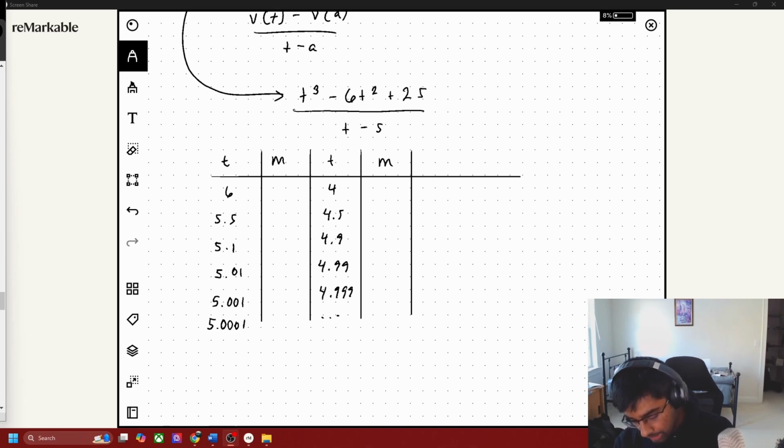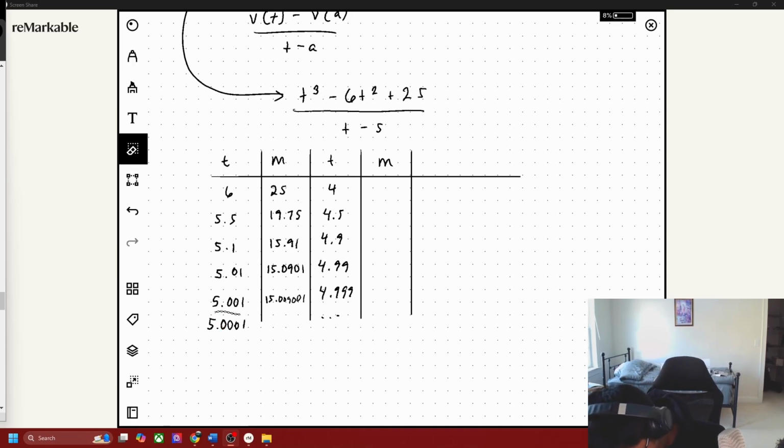So your slope at t equals 6 should be 25, then 19.75, 15.91, 15.0901, 15.009001, and I don't have space for this one, so let's just erase that and pretend it never existed.